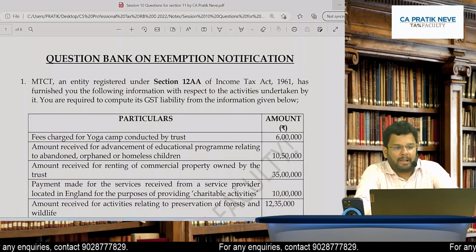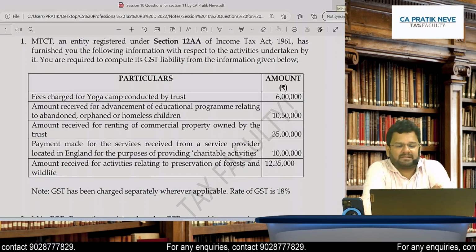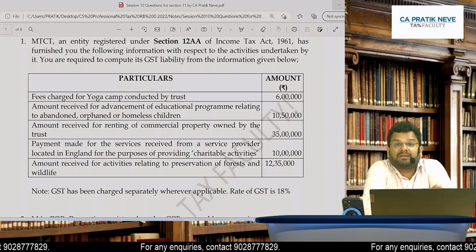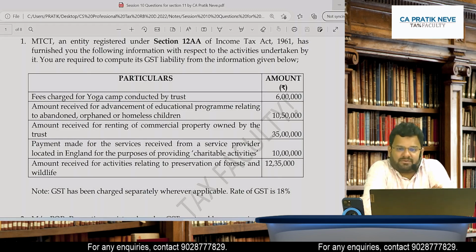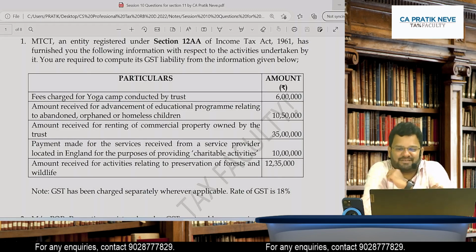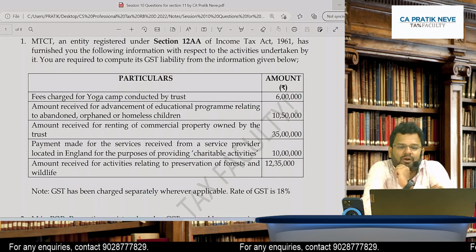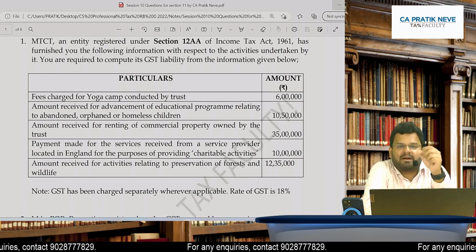An entity registered under section 12AA of the Income Tax Act, meaning it's a charitable trust, has furnished you the following information with respect to activities undertaken by it.